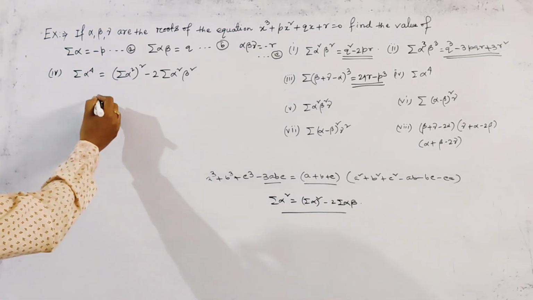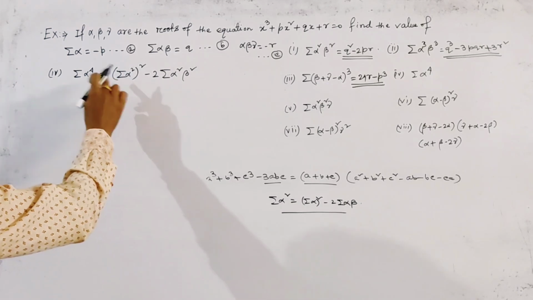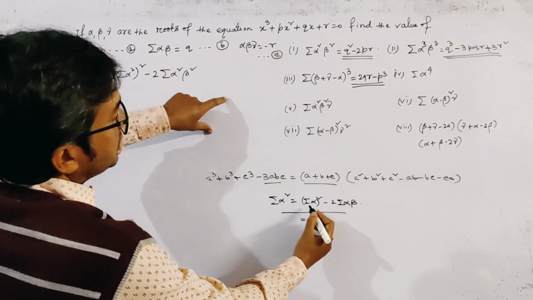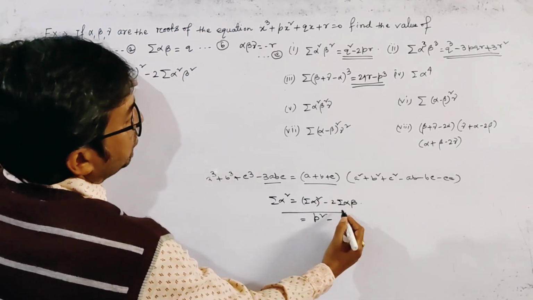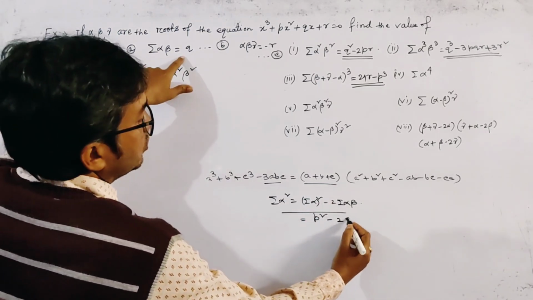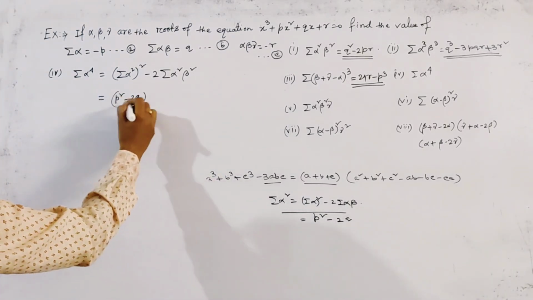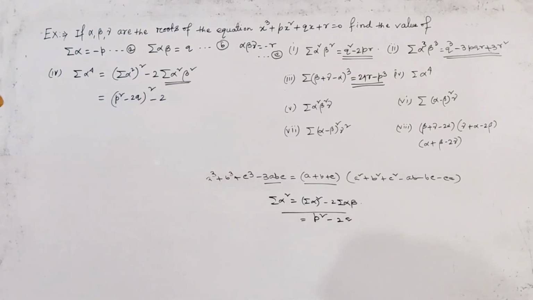Okay. Now we already found the value of summation alpha square. Summation alpha whole square is given by p square minus 2 into q. So we put here p square minus 2q whole square minus 2 into the value of summation alpha square beta square.